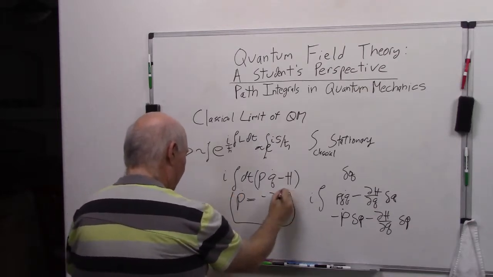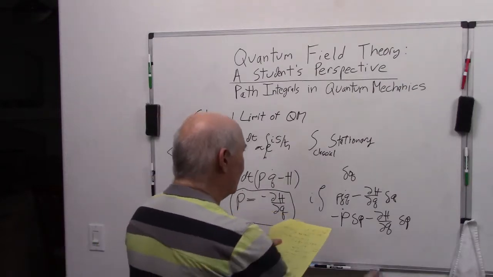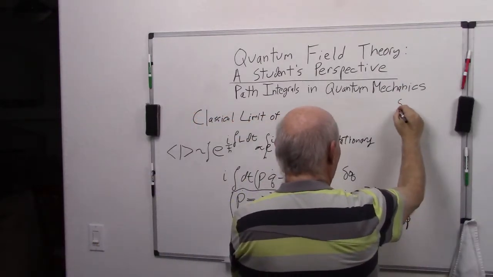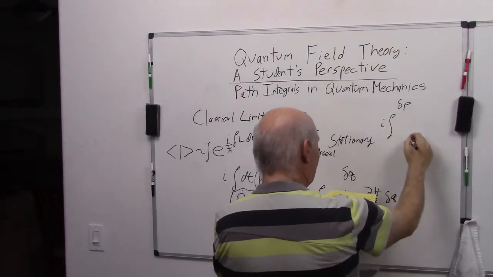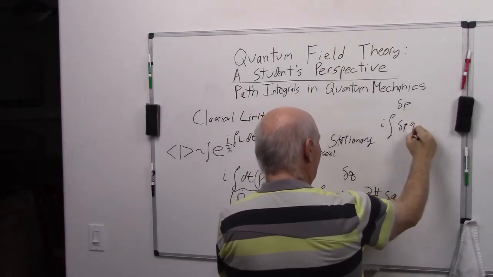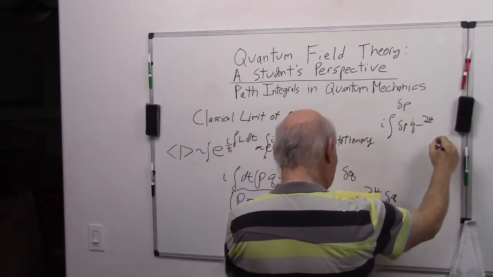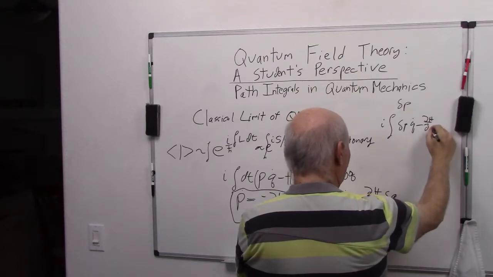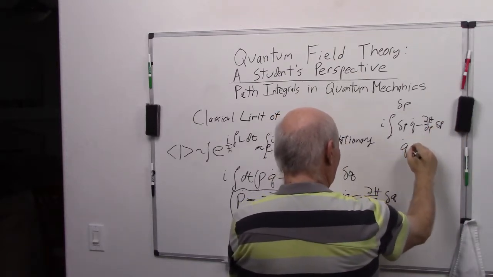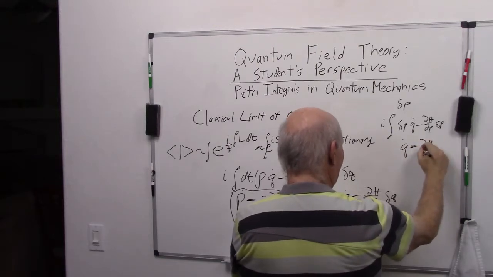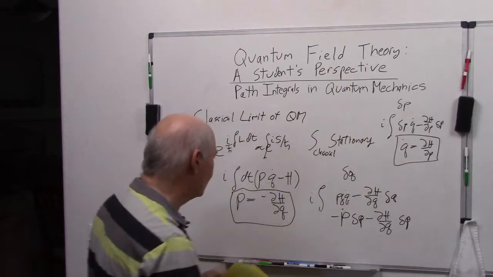You'll recognize that, of course, as one of Hamilton's equations. Then when we do delta p, we get i times the integral of delta p times q dot minus the partial of h with respect to p. This leads to q dot equals the partial of h with respect to p, and that's the other one of Hamilton's equations.